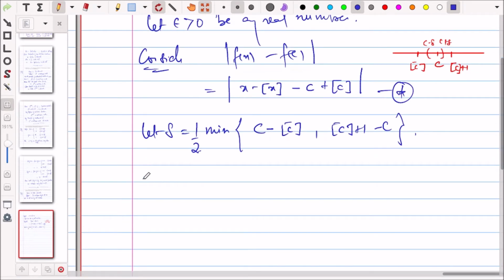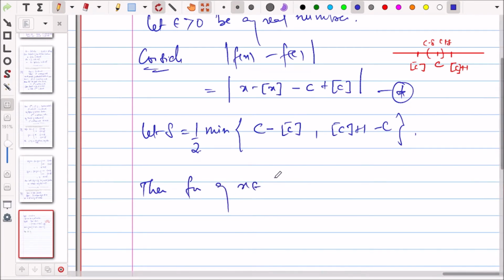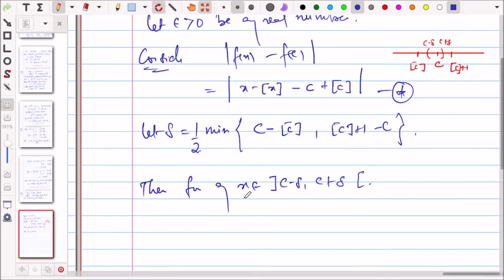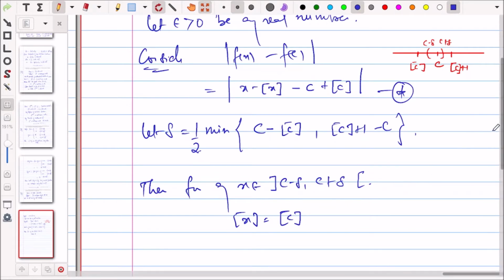So then for any x belonging to c minus delta to c plus delta, the greatest integer value of x is equal to the greatest integer value of c.